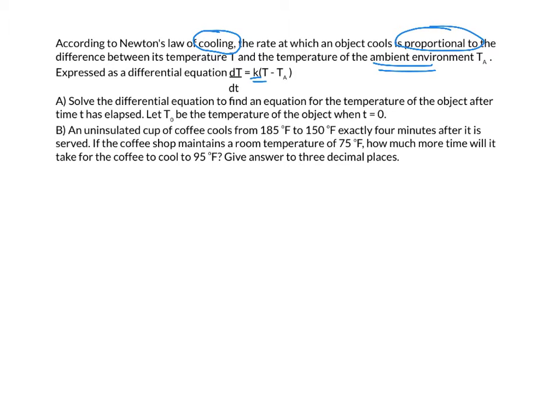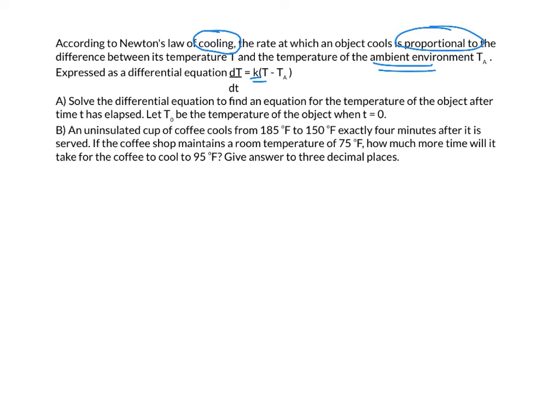But we're going to solve this differential with respect to the temperature of the object after a certain amount of time has elapsed. So we're going to have to rearrange this a little bit. And we're going to let T0 be the temperature of the object when time is 0.